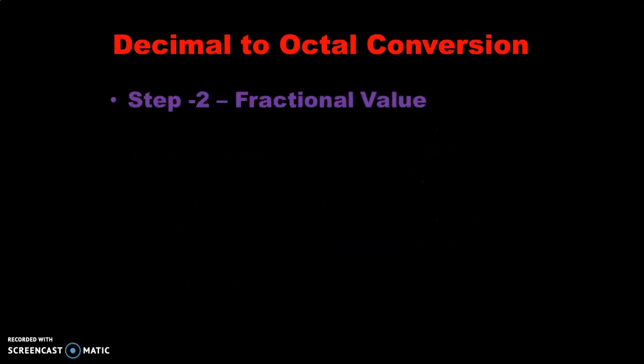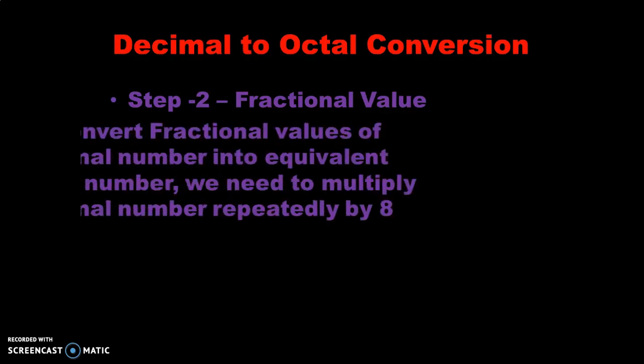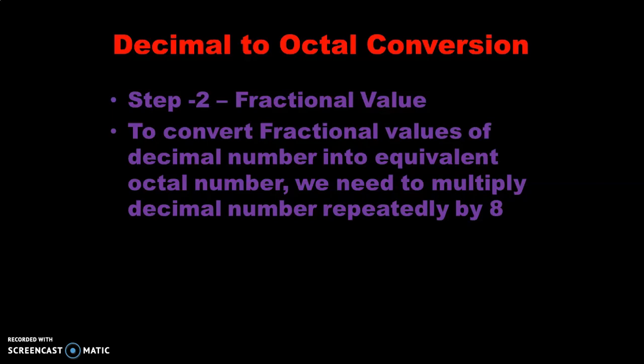And step number 2 is for the fractional value. In a decimal number we might have either an integer value, a fractional value, or a mixed value, that is a combination of integer as well as fractional value. So for the fractional value we have another step: to convert fractional values of a decimal number into the equivalent octal number, we need to multiply the decimal number repeatedly by 8.